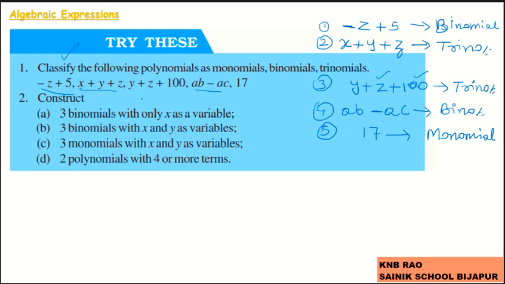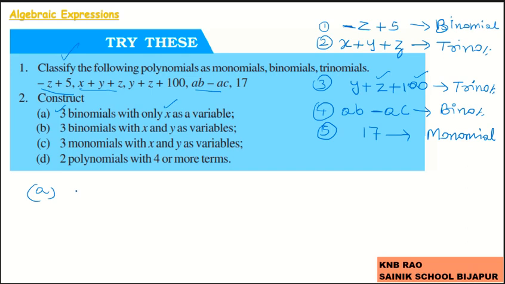Now, coming to the second question, construction of three binomials. We are asked to construct three binomials with a condition that we have to use only the variable x. So I will write solutions for the second question.